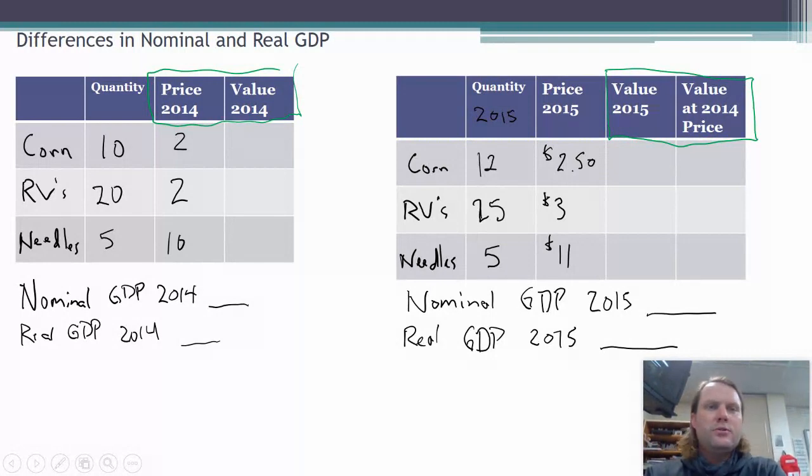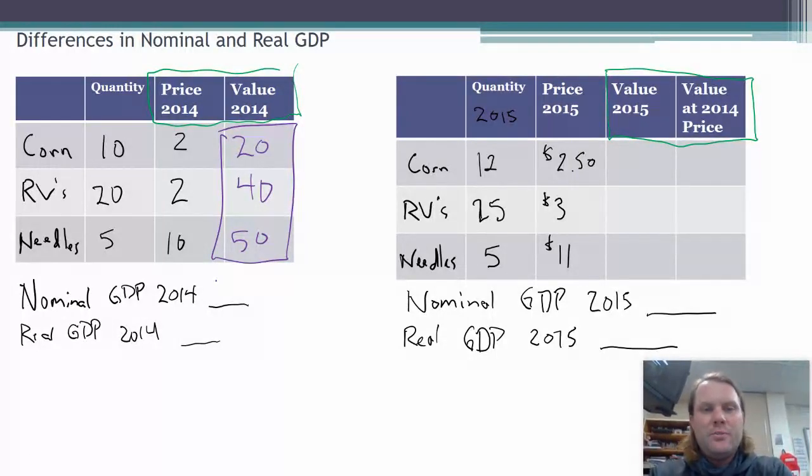Our total GDP here is pretty simple. It's going to be $2 times 10, 20, plus $2 times 20, which is 40, and then we've got 50. We've got to add all these things together here. Very simply put, in 2014, our nominal GDP, which means not adjusted for inflation, is 110.